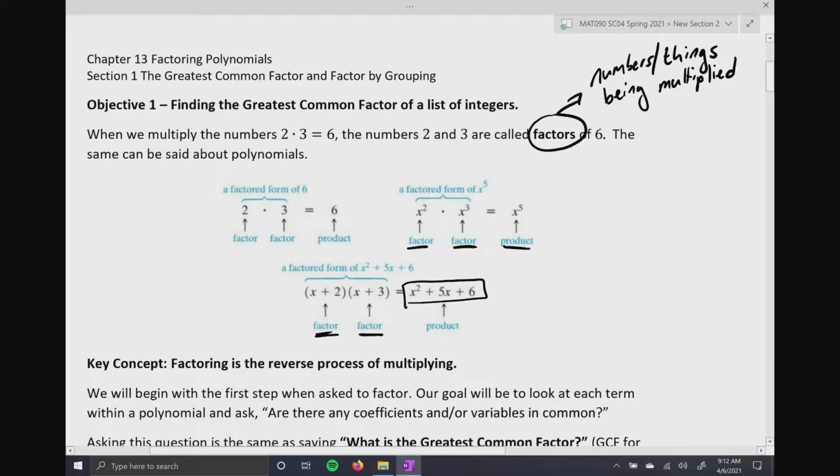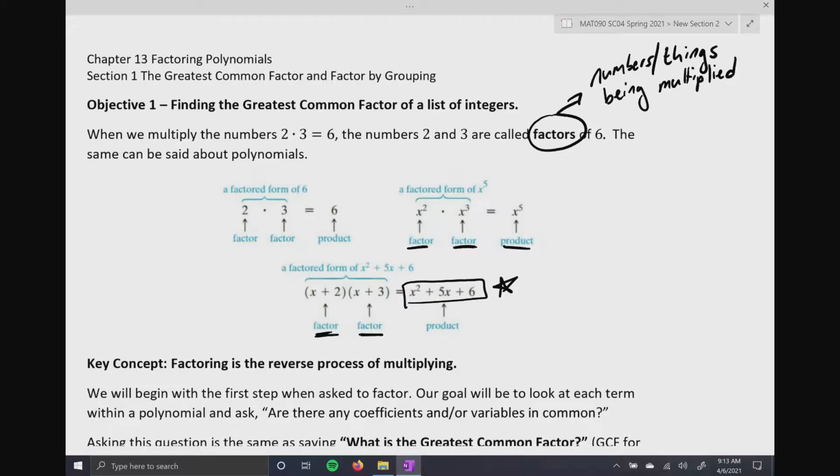In chapter 13, what we're going to be doing is this. I am going to give you the product. I'm going to give you the answer. What I want you to tell me is, what were the things that you had to multiply to get the answer? Does that make sense? So we're going backwards. That's all we're doing.